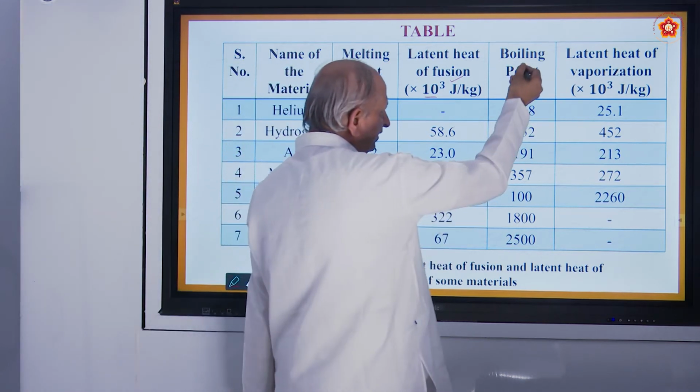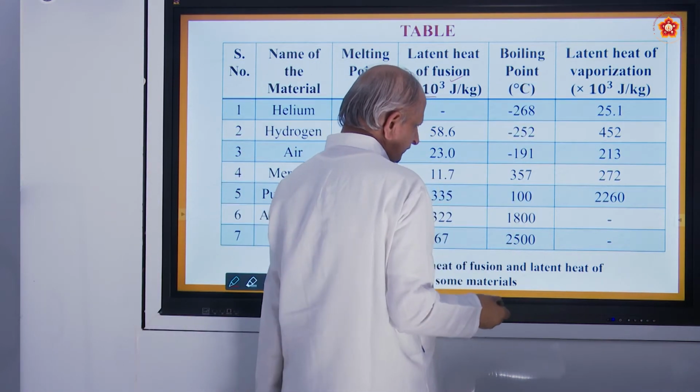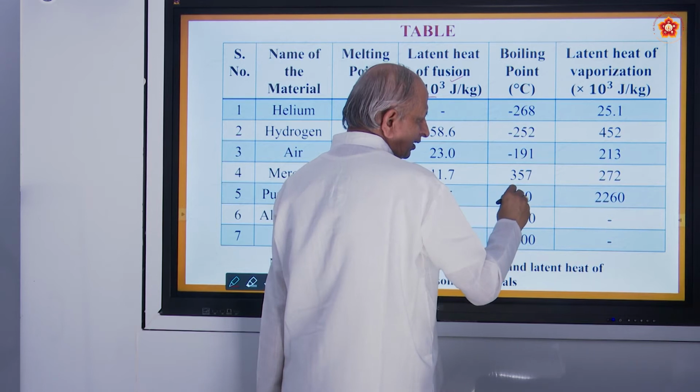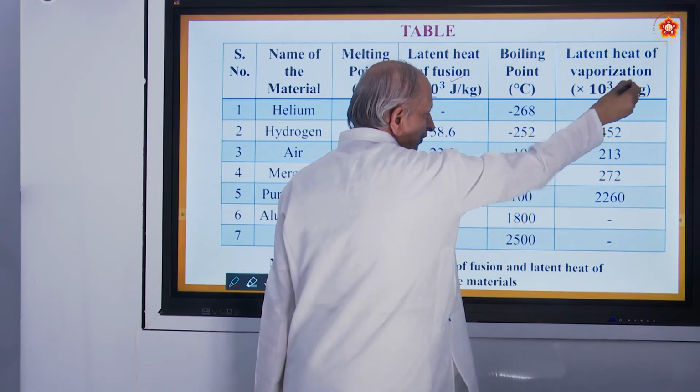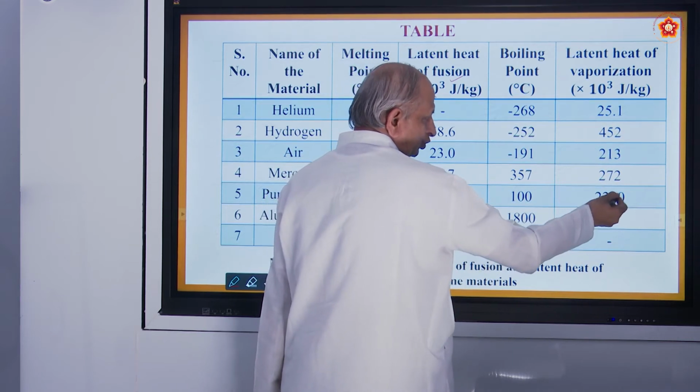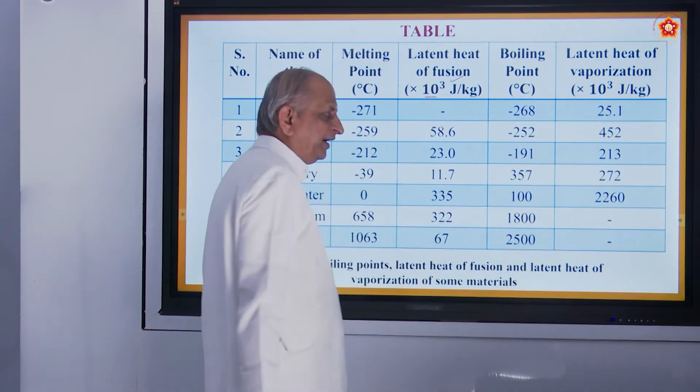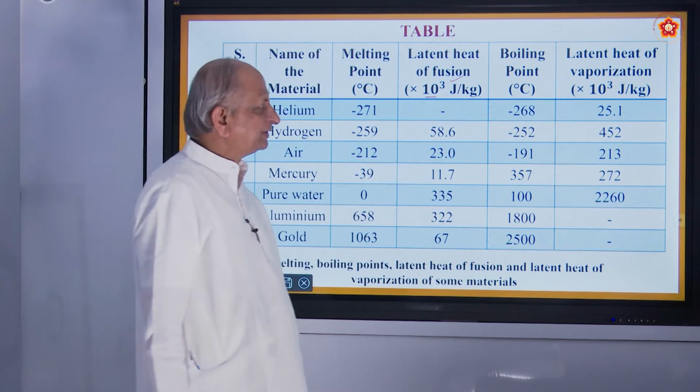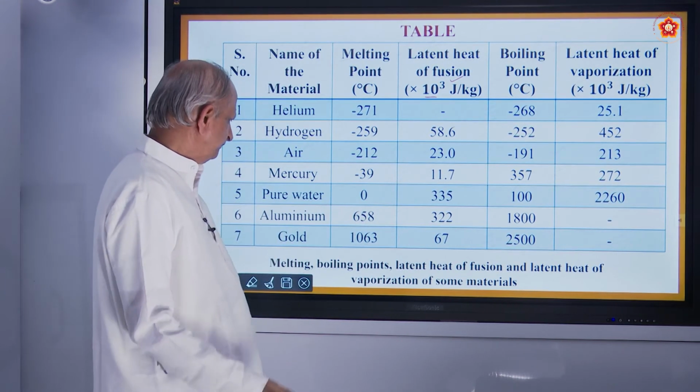Boiling point is 100. That means to convert 1 kilogram of water into steam, 2260 joules of energy is needed. That is called latent heat of vaporization.